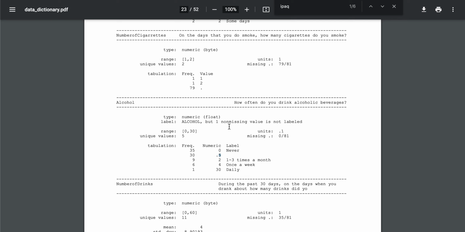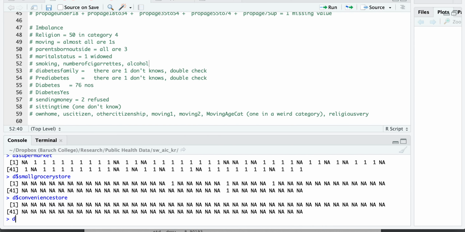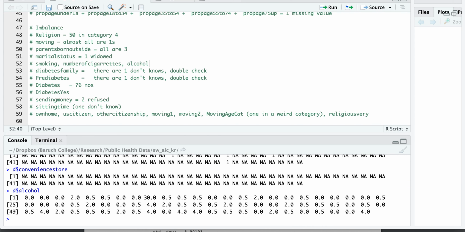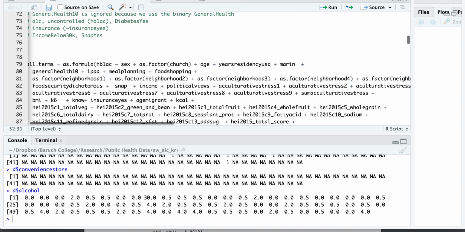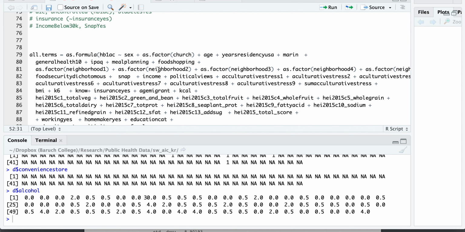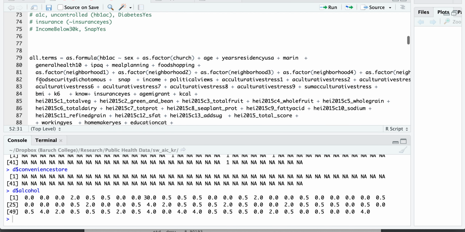And let's look at it. It says one non-missing value is not labeled. So the alcohol, what is that? No, that's okay. So let's keep it. Let's see what we get. And it's not categorical. So where were we? After neighborhood, we went to food security data.